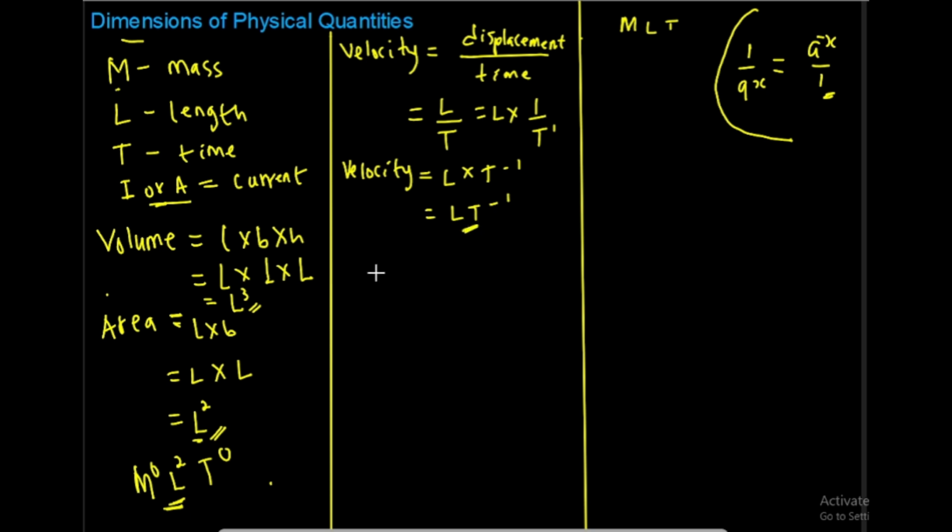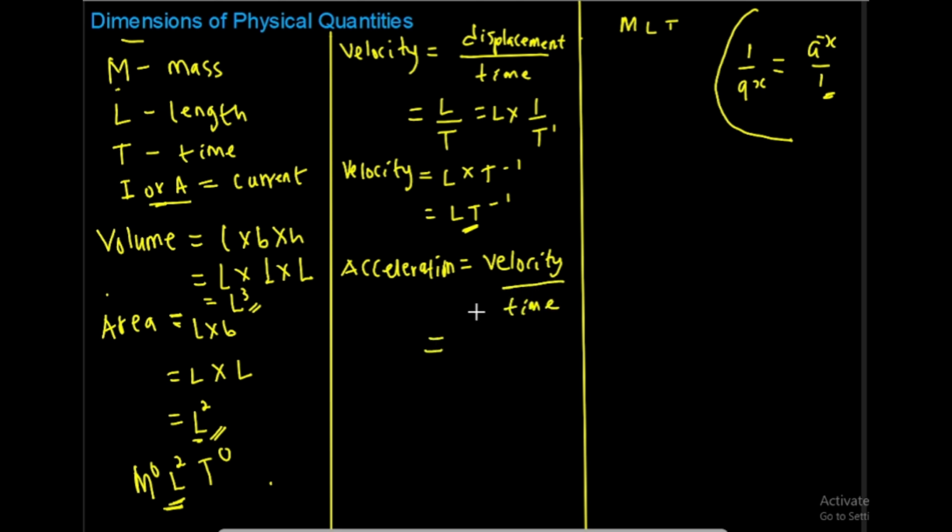Now we can also calculate that of acceleration. Like I said, the first thing you need to do is bring out the formula for that physical quantity. Acceleration is equal to velocity over time.